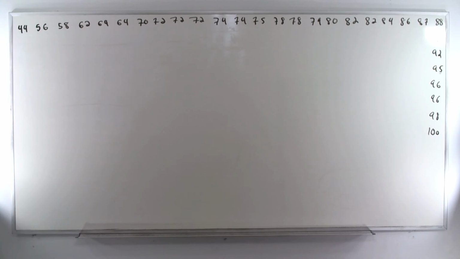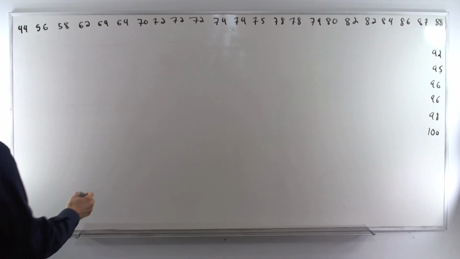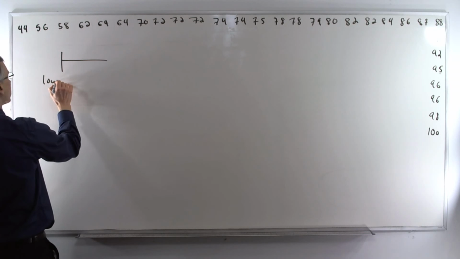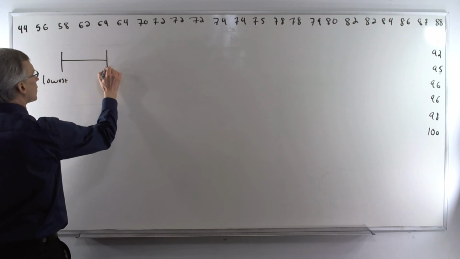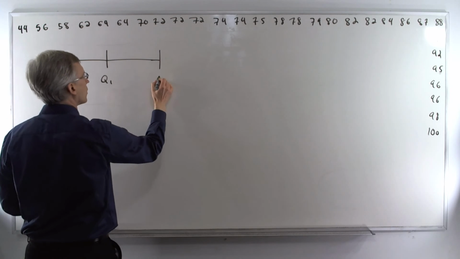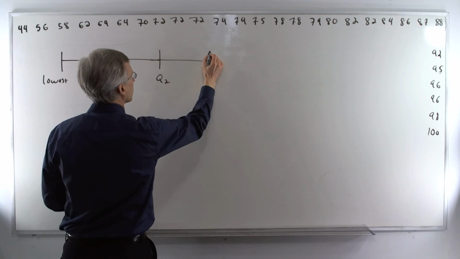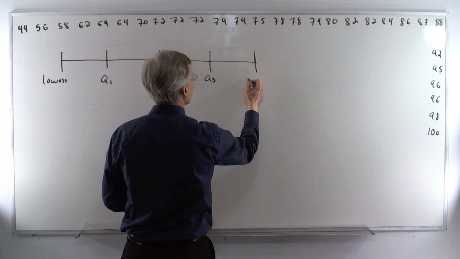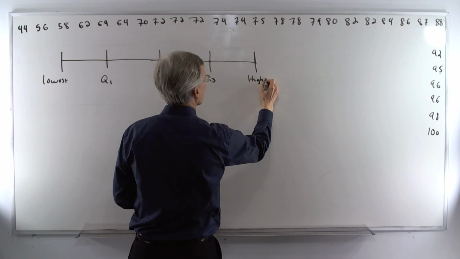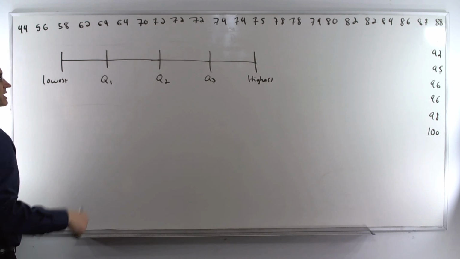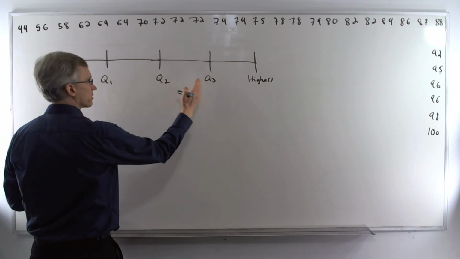So we can take a data set just like we did before. And here we got the lowest value, the highest value, and we're going to break it up into quarters.